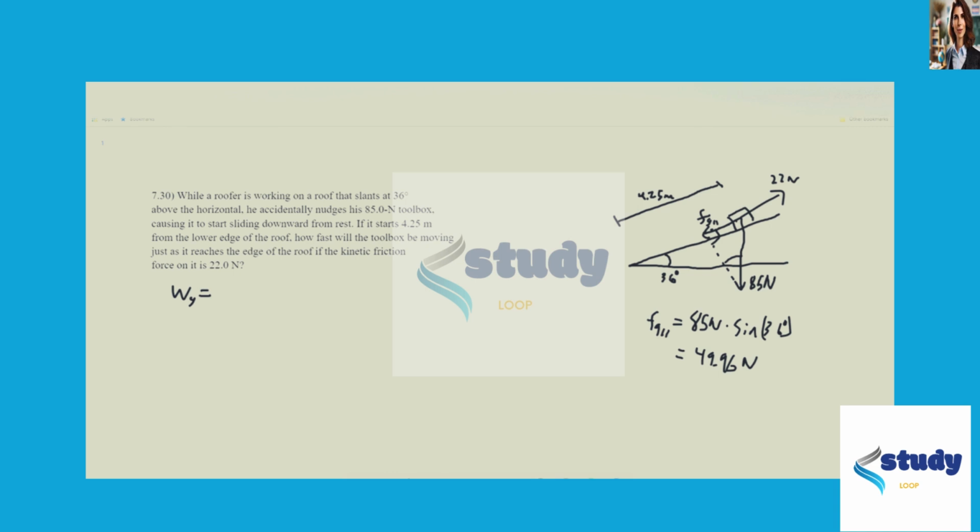Since the displacement vector is in the same direction as the gravitational force vector, that's going to be a positive amount of work. So we have 49.96 newtons times 4.25 meters. Okay, so that's going to be some positive value.